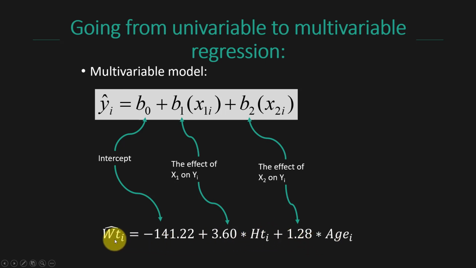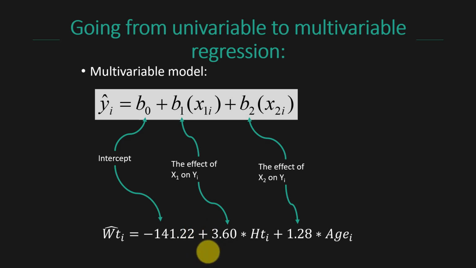This tells us the predicted weight for somebody with a height of 0 and an age of 0, some hypothetical non-existent person: negative 141.22 pounds. However, that's just a starting point, an anchor for our regression line. That intercept isn't really meaningful because we don't have anybody who's 0 inches tall and 0 years old, so we can kind of ignore it and just think about it as an anchor point.